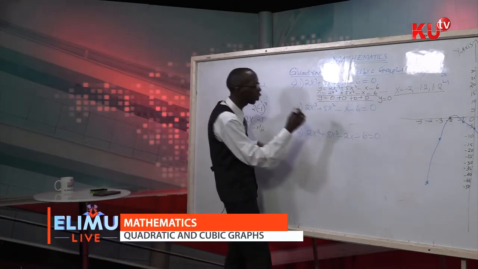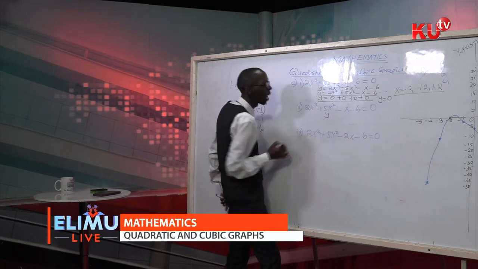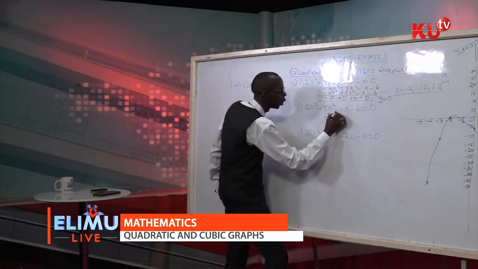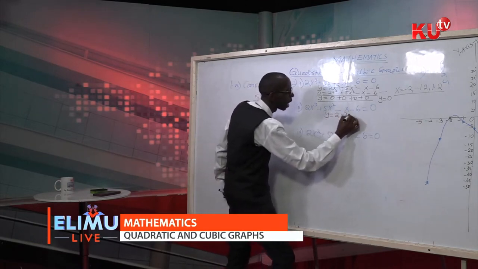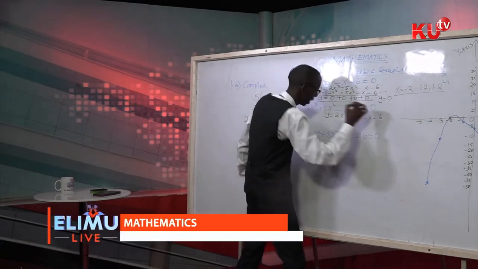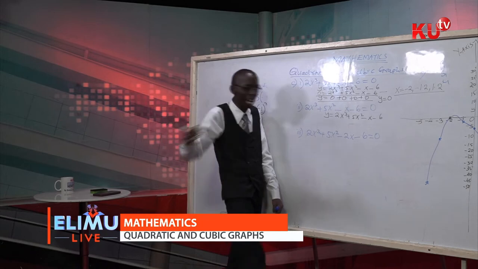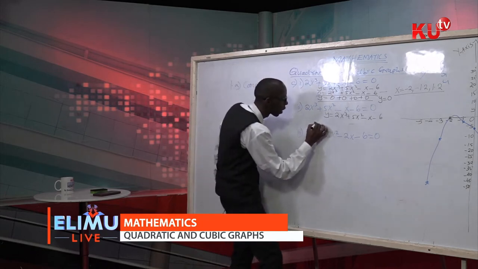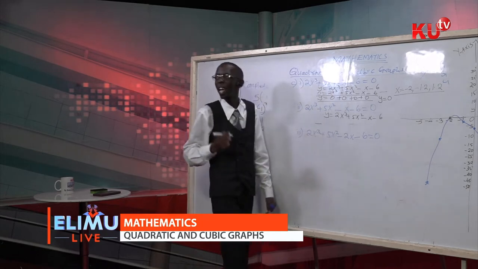Now, we are going to solve this equation using the graph. Again, take the equation of the graph: y is equal to 2x cubed plus 5x squared minus x minus 6.